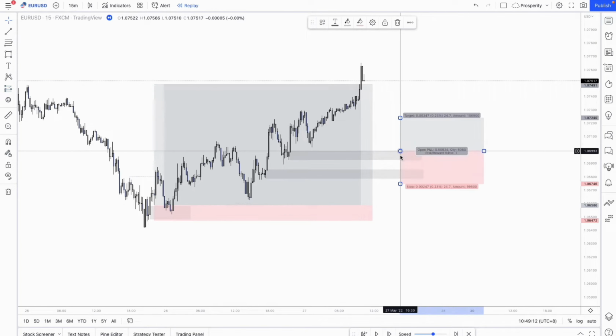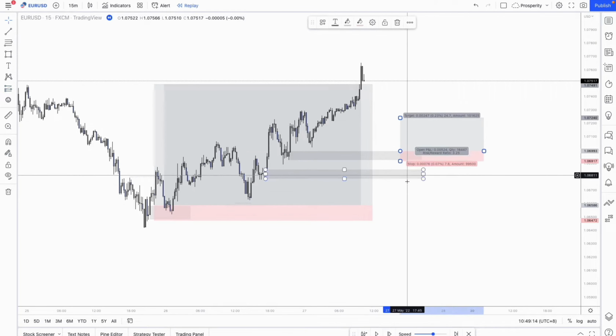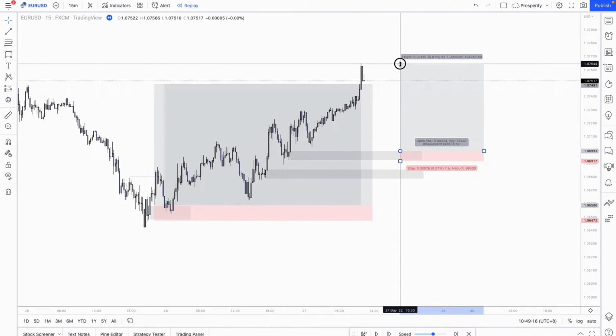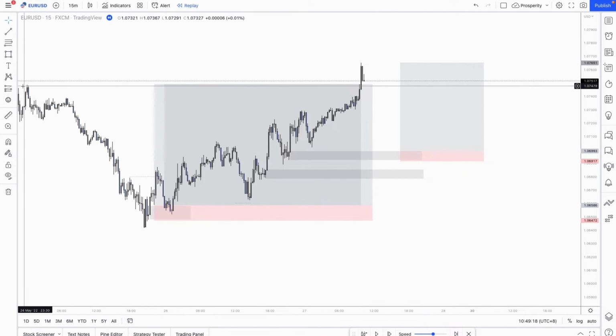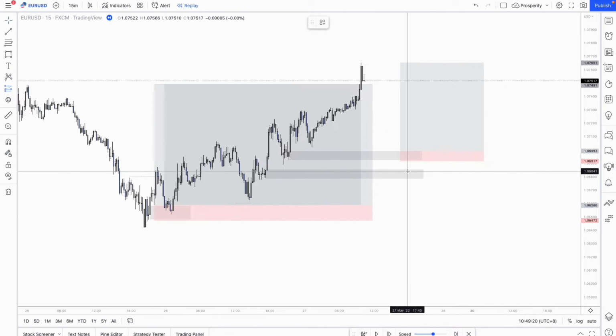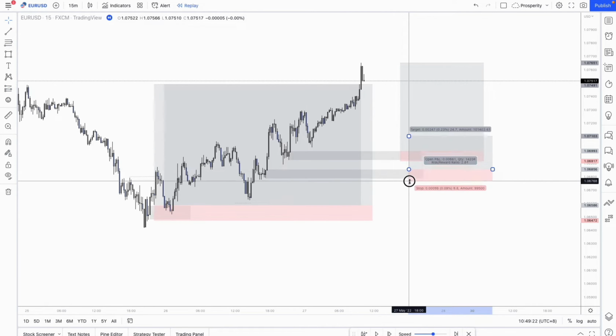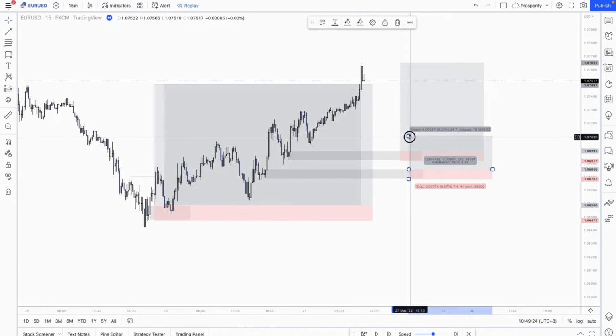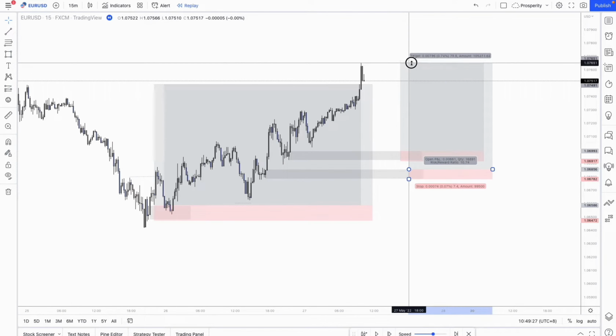The moment that price comes back to these zones is the moment they become mitigated. And when they become mitigated, they're essentially no longer worth trading.